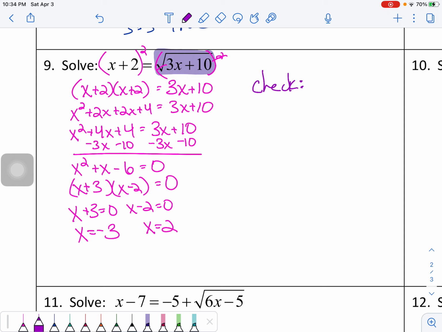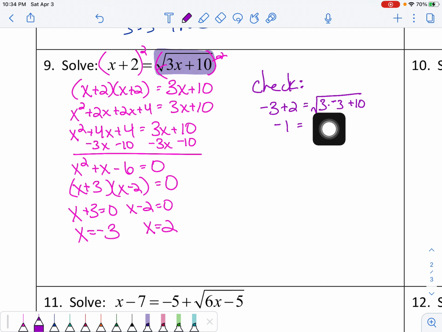So first thing I'm going to do is check x equals negative 3. So every single place I have an x in the original problem, I'm replacing it with a negative 3. Okay, so x plus 2, so negative 3 plus 2 equals the square root of 3x, so 3 times negative 3 plus 10. So negative 3 plus 2 is negative 1.